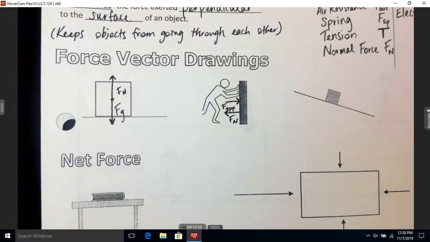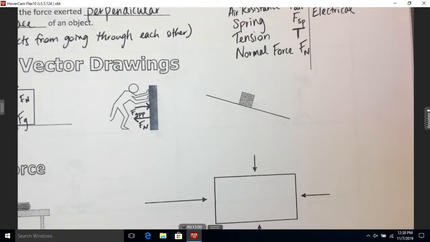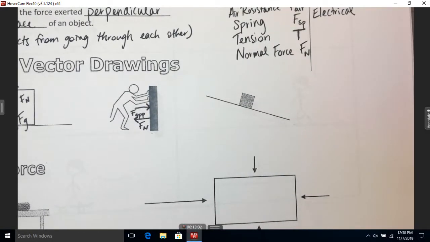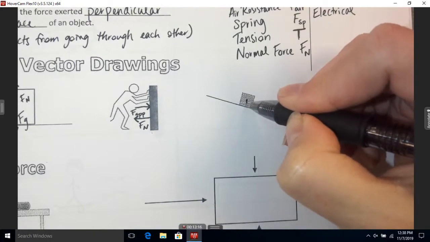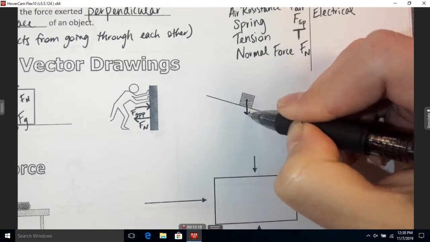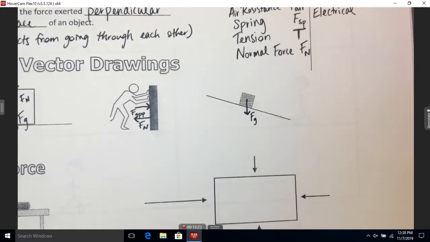Everybody okay? Okay. Now let's change our dimension a little bit. We're not up, down, left, and right. We're now slanted. Let's say the box is at rest. What force is acting on it? Gravity is pulling down. And the normal force is pushing up. But is it going to be straight up now?